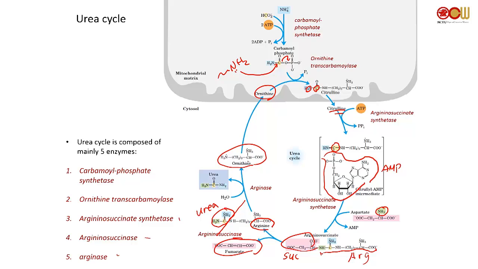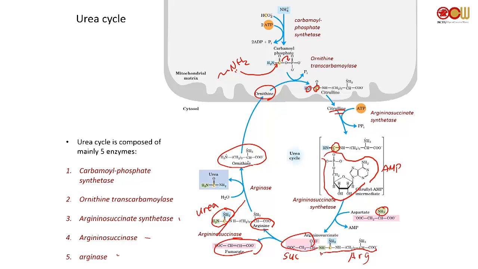Ornithine goes back to the mitochondria, and you start the process again. You gotta remember the urea cycle. All right, so this is the urea cycle.